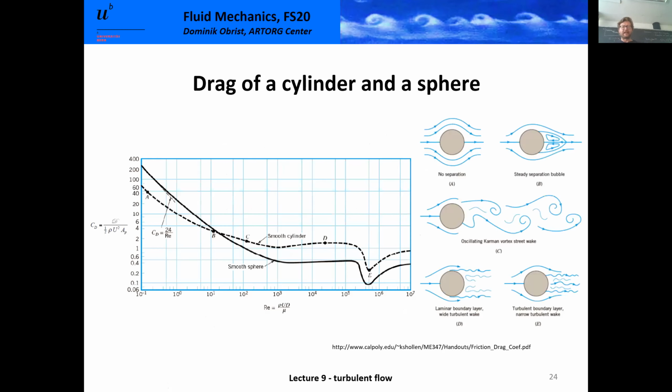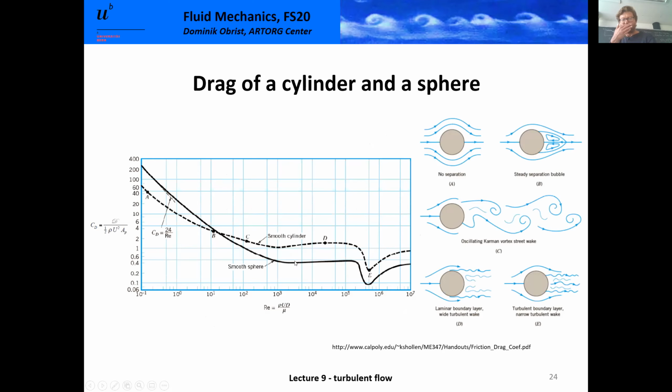This is shown here on my last slide. You have the drag coefficient for the sphere. You have the Stokes drag, 24 over Reynolds. We go on. We're probably here, somewhere in the range where we have the Kármán vortex street.